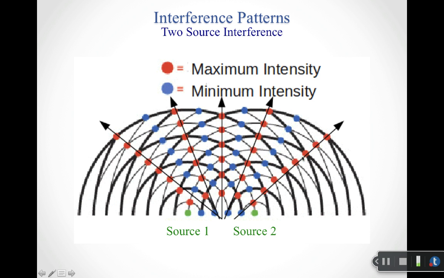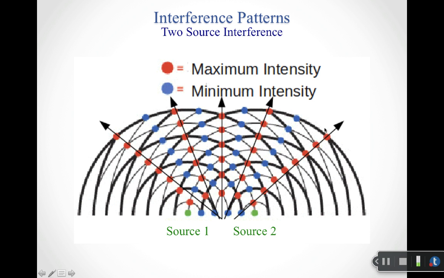So again, if we look on the next screen, the image is a little bit blurry, but hopefully we're seeing the same thing here. What you're seeing from your 2 sources are these lines that correspond to places where both waves add up, constructive interference, and both waves cancel out, destructive interference.